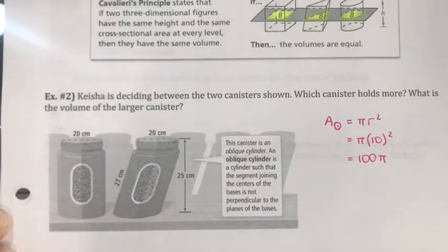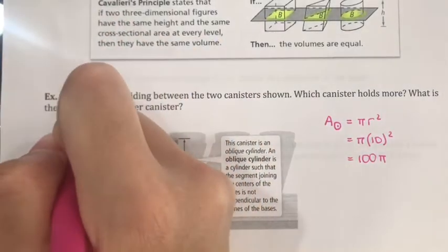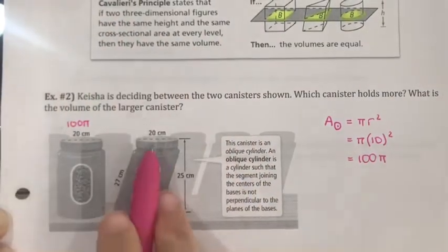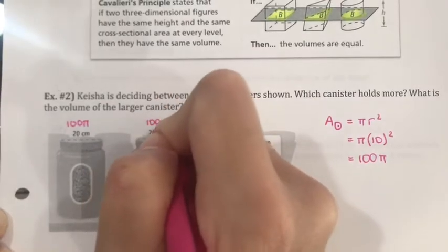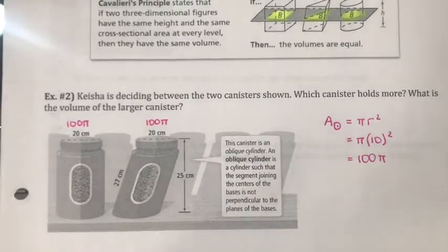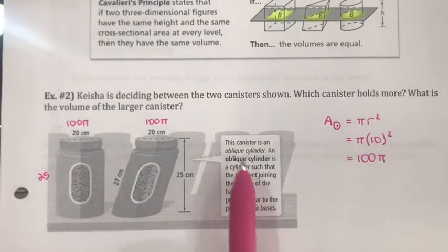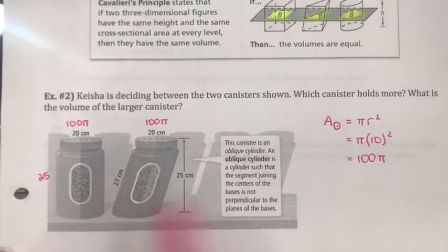Now, in order for us to compare, so we've got 100 pi here, and notice it's 100 pi here. And notice that the heights are the same. This is also 25. Okay, that tells us that no matter what, your volumes are the same.